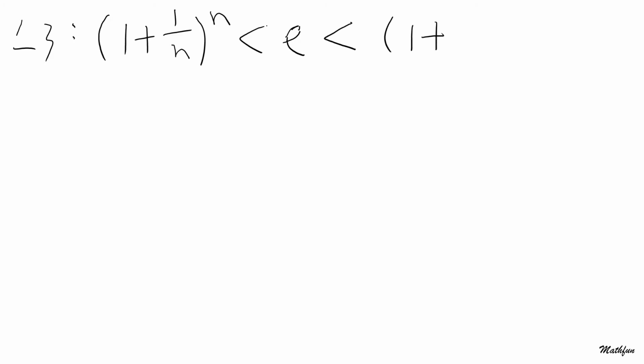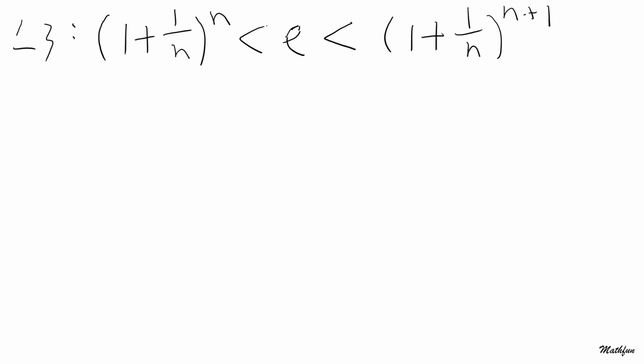L3 is 1 plus the reciprocal n to the power of n is smaller than e, where e is the base of the natural log, 2.7818, that number, and smaller than 1 plus the reciprocal n to the power of n plus 1.